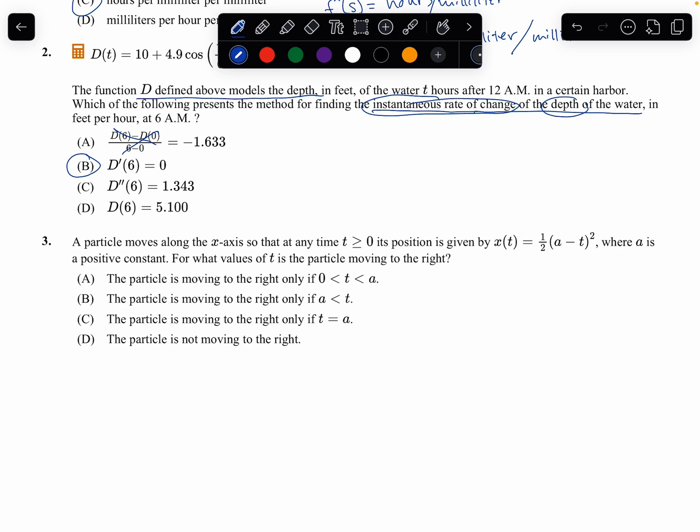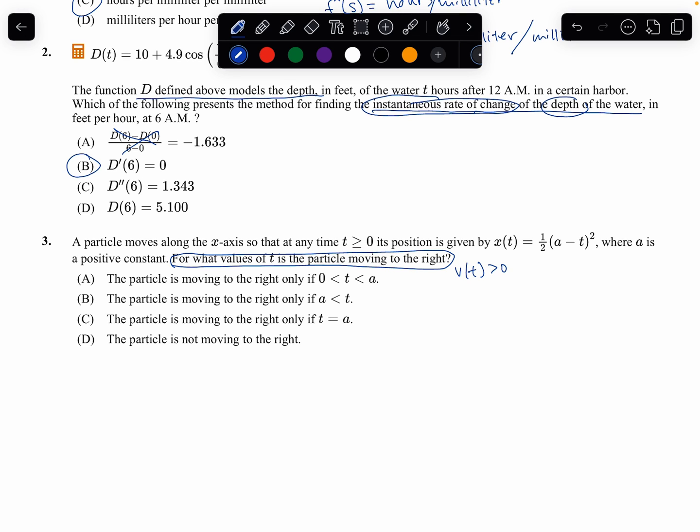What is important is the concept. A particle is moving to the right when the velocity, v of t, is positive. So that's what we want to figure out: when v of t is going to be positive.